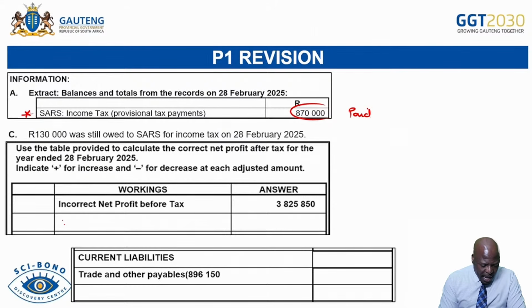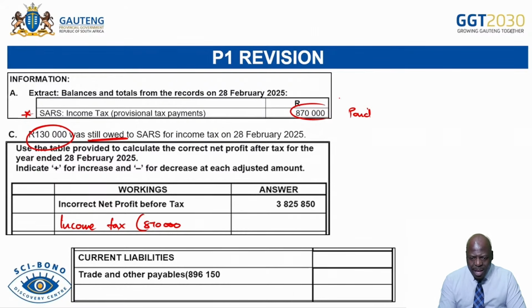So we come here and we have our income tax. We have our provisional payments, which is 870,000. Then we are told 130,000 is still owed to SARS. Apart from what we've paid, we are still to pay 130,000. So it means 870 plus 130, then we have 1 million here, which is our income tax, and we're subtracting it, 1 million.